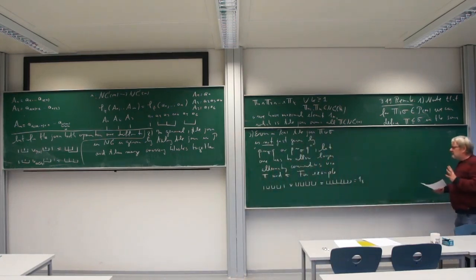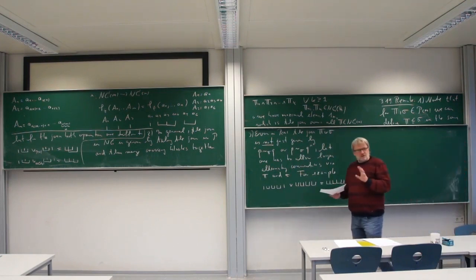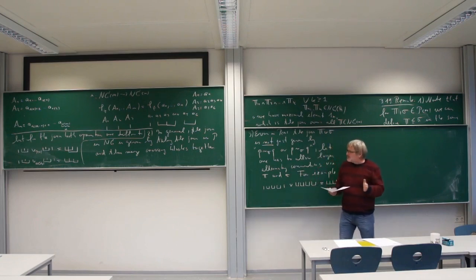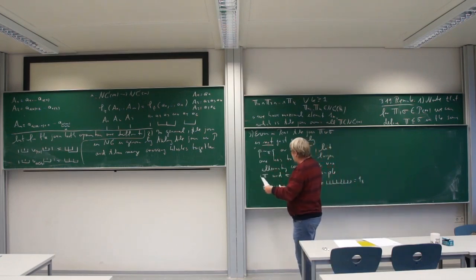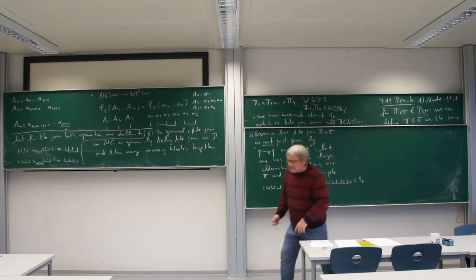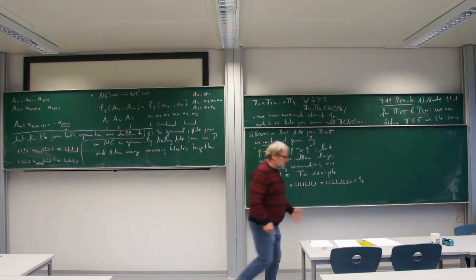Good. But now, having this lattice structure, we are now able to write down the connection between the cumulants of the capital A's and the little a's. So let me now give you the theorem, then prove it.